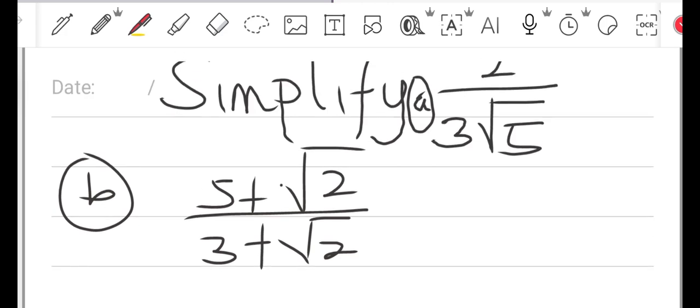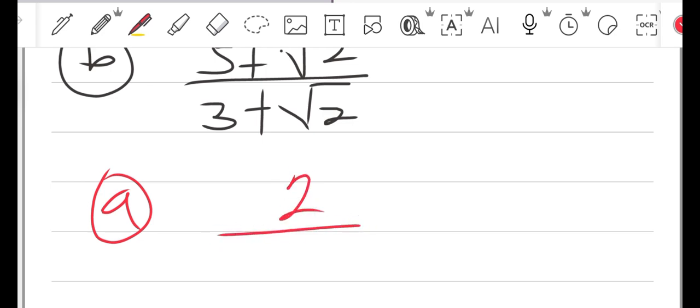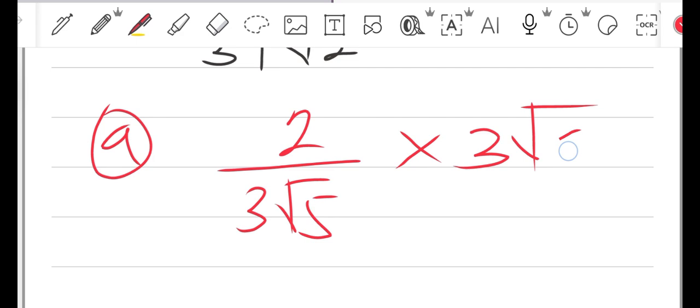So our first one, which is the A. We have to simplify this. If you remember, when we were introducing ourselves to rationalization, we said that to be able to rationalize a fraction, you multiply both the numerator and the denominator by the irrational denominator.